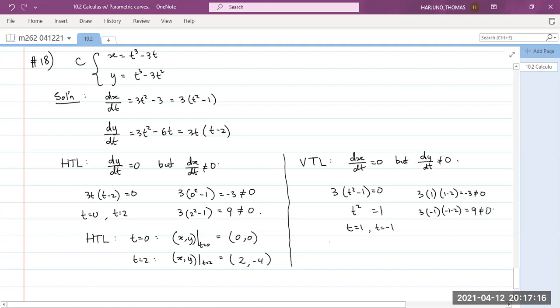That's not 0. So we have vertical tangent line when t equals 1, which means the coordinate is negative 2, comma, negative 2. When t equals negative 1, what will that be? That's 2, comma, negative 4.